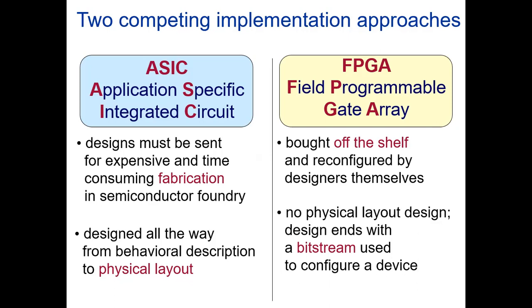When we discussed the ASIC detail, you understood why I wrote this point: the design must be sent for expensive and time consuming fabrication. Whereas the FPGA is bought off the shelf and reconfigured by the designers themselves. Again, moving to the ASIC, what point are we considering? Designed all the way from behavioral description to physical layout.